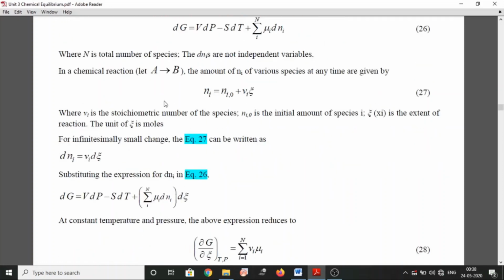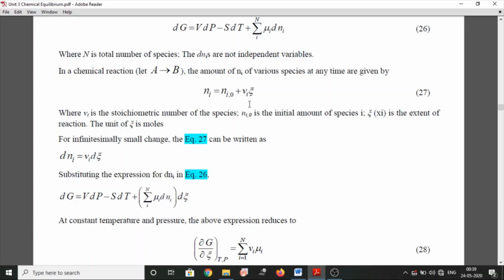Now let's consider a chemical reaction in which the reactant A goes to product B. In such a scenario, the number of moles, suppose that is N_i, at any time, maybe at the starting of the reaction or towards the end of reaction, is generally given as N_i is equal to N_i0 plus nu_i xi.